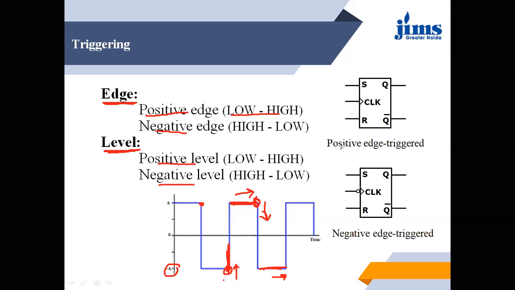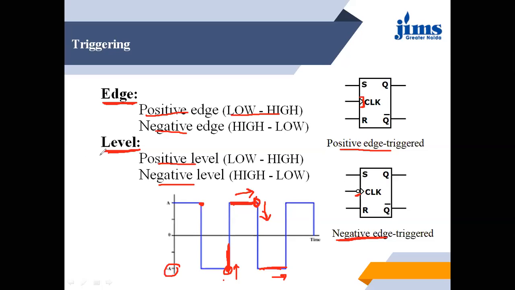Suppose this is positive edge triggering, it means it contains a triangle over here. And when the triangle contains a circle, bubble or a not gate, it means it's negative edge triggering.